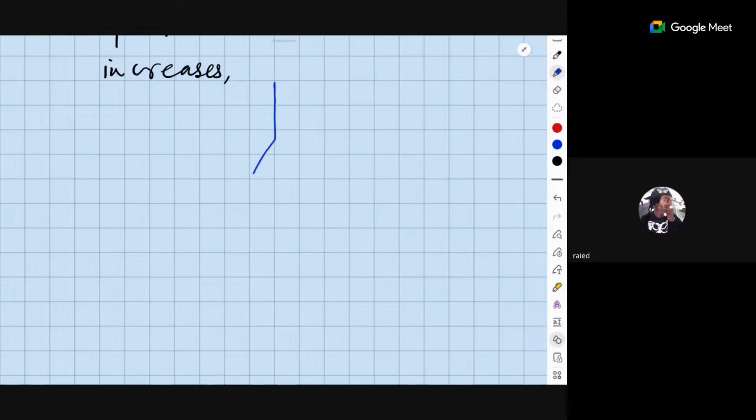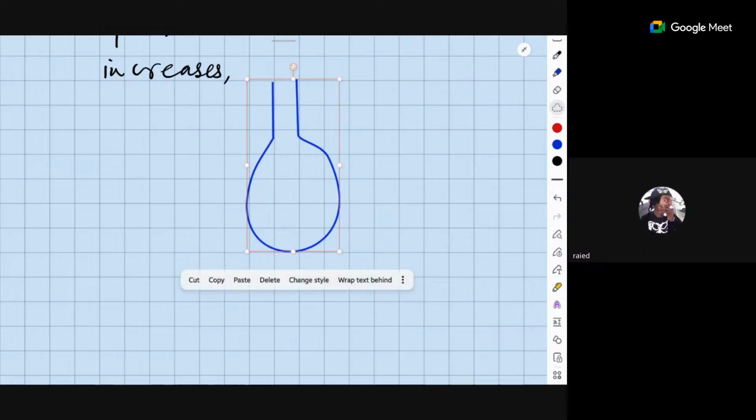First of all, for example, if I have a flask like this, although this is not a symmetric flask, let me draw it for you.